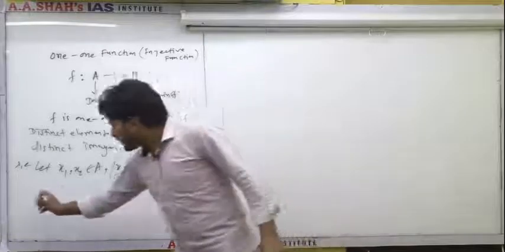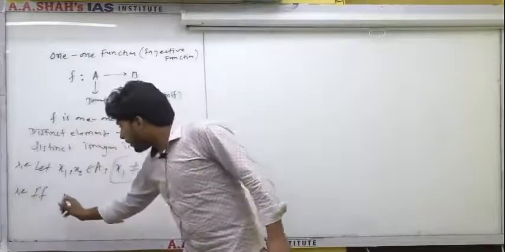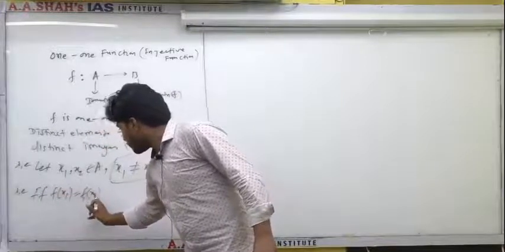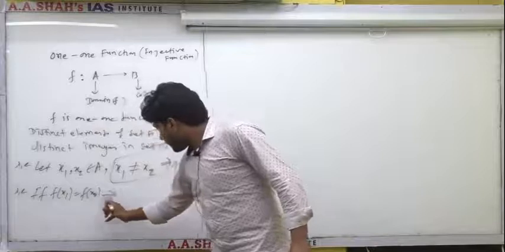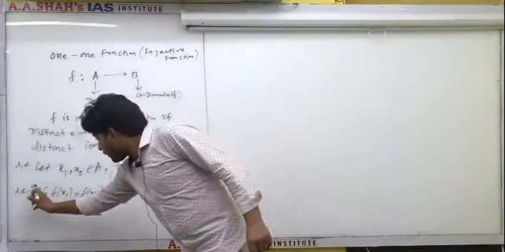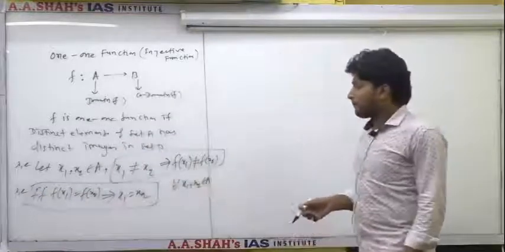In other way, if we assume f(x1) is equal to f(x2), and then if we get x1 is equal to x2, then we will say that f is one-one function.